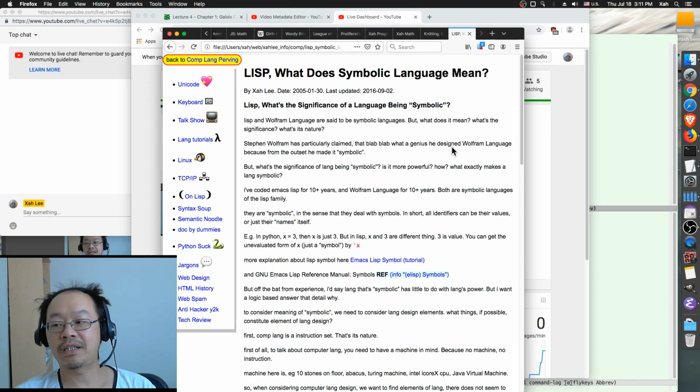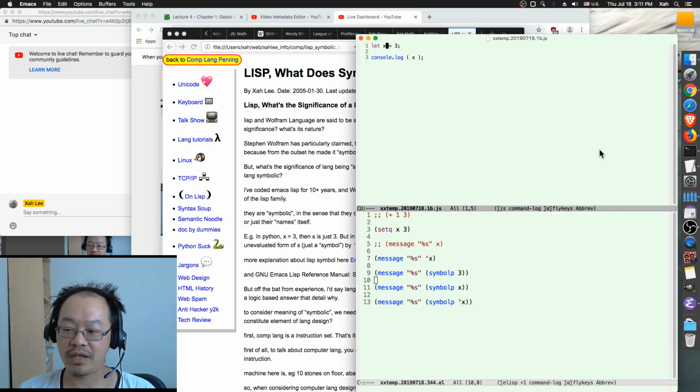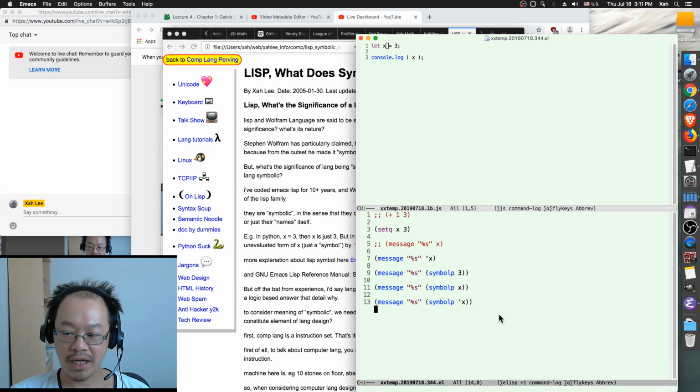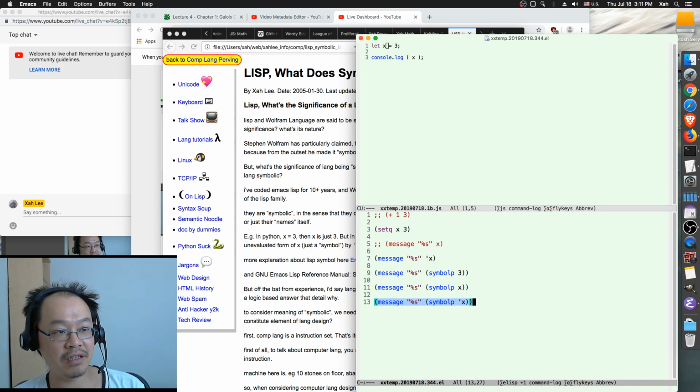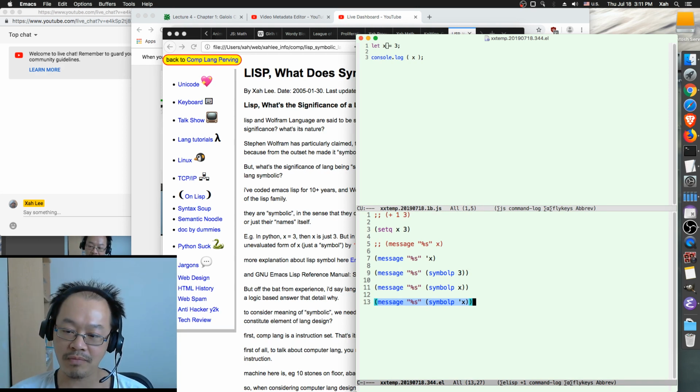So anyway, I demonstrated a little bit what the symbol is in Emacs Lisp, and this is the same in other Lisps. For example, Scheme, Racket, Clojure, Common Lisp, they all have symbols.